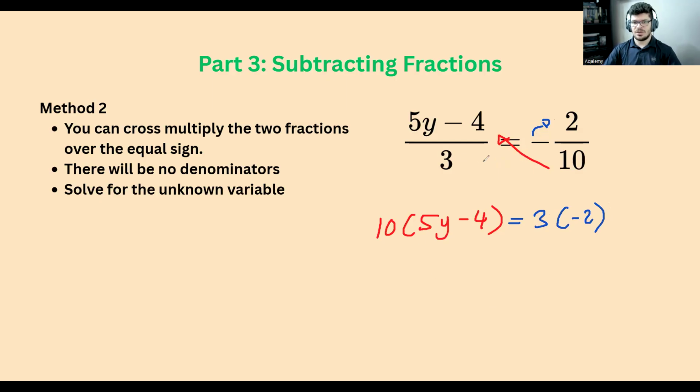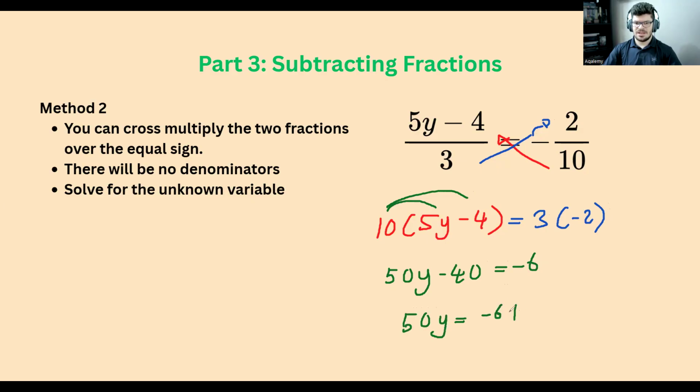Let's reduce our values accordingly. Multiply first and then solve. And use the colors. 50y minus 40 is equal to negative 6. Send 40 over. 50y is equal to negative 6 plus 40. Let's do it over here. It's not conventional to write it next to each other. It's very important to write your equations or your sums going top to bottom.